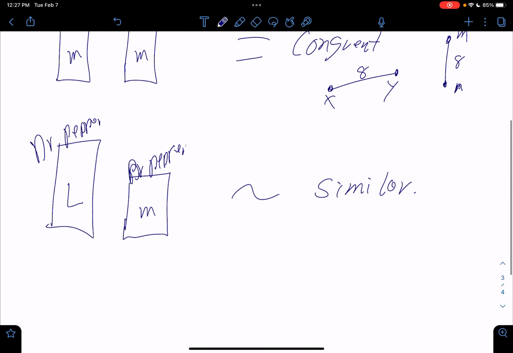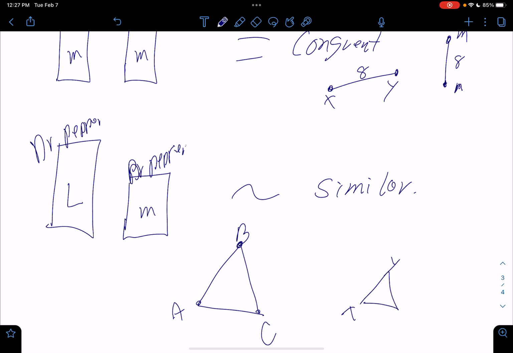Similar means that if I have, for example, a triangle ABC versus triangle XYZ, and this triangle is equilateral and the other triangle is also equilateral, that means 60 degrees throughout all of the angles.